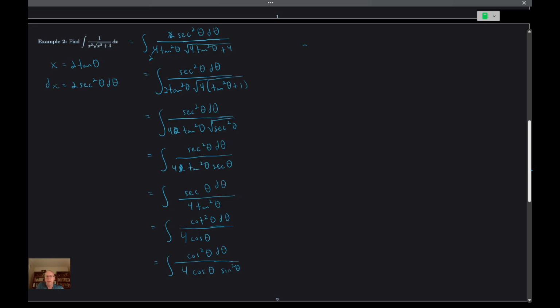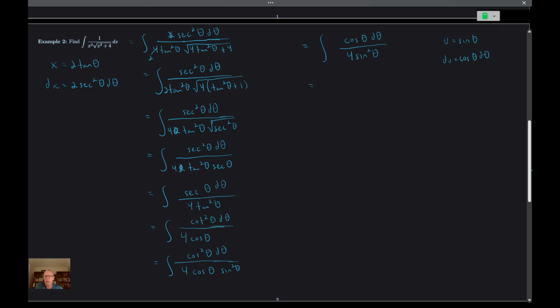All right, let's go up here. We have cosine squared over cosine, so that's going to leave a cosine theta on top. And then we have a 4 sine squared theta. So now, hopefully you can see what substitution we can use. We can let u equal sine theta, and we can let du equal cosine theta d theta.